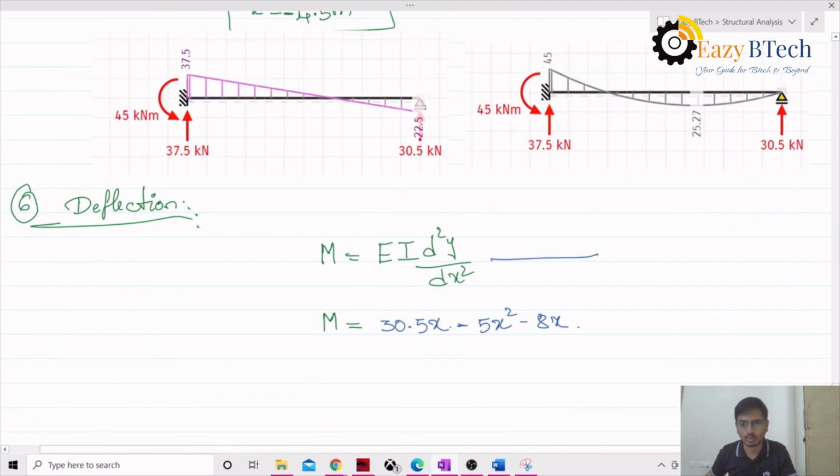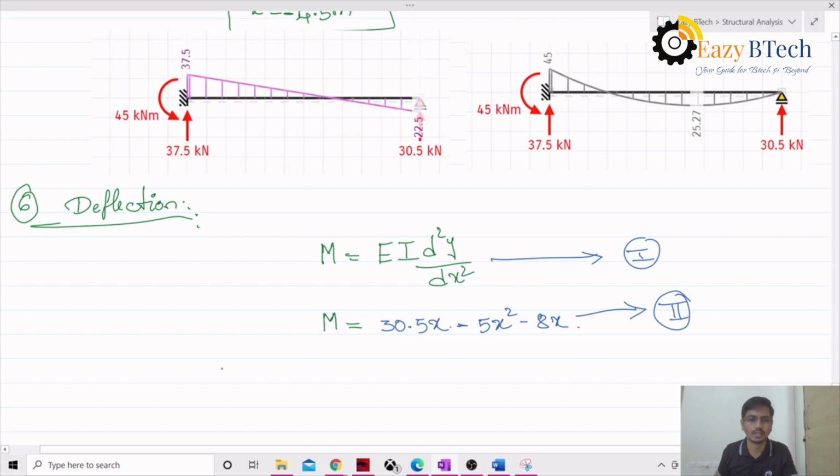Now we'll equate this one. And why do we need to equate it? Because if we integrate this twice, this will directly give us the deflection. That is the reason.